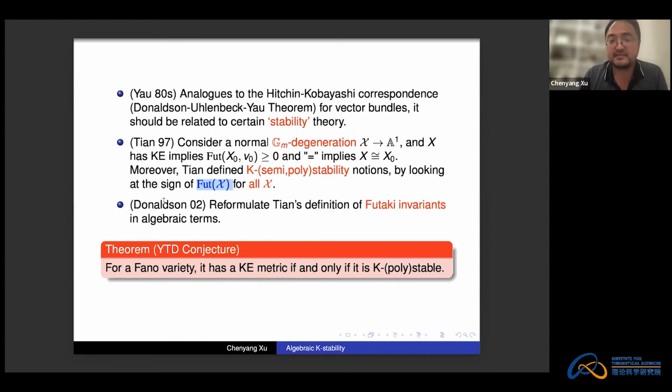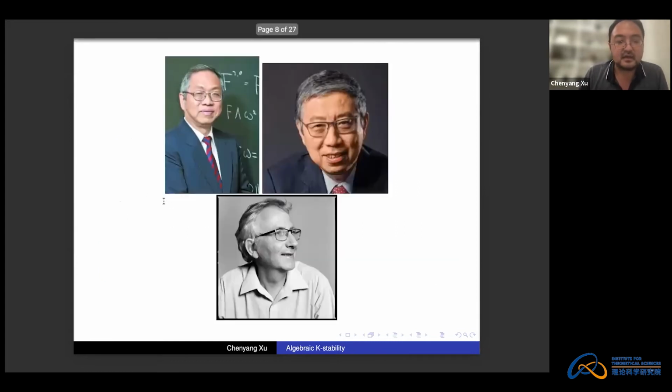I hope my explanation gives you some feeling of where this conjecture came from. So these are the mathematicians who made this conjecture.